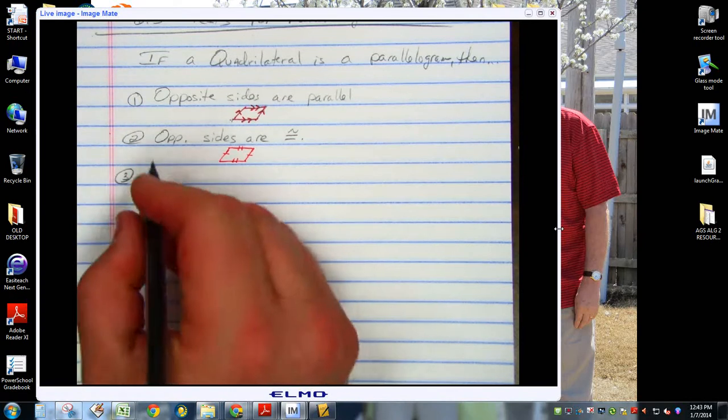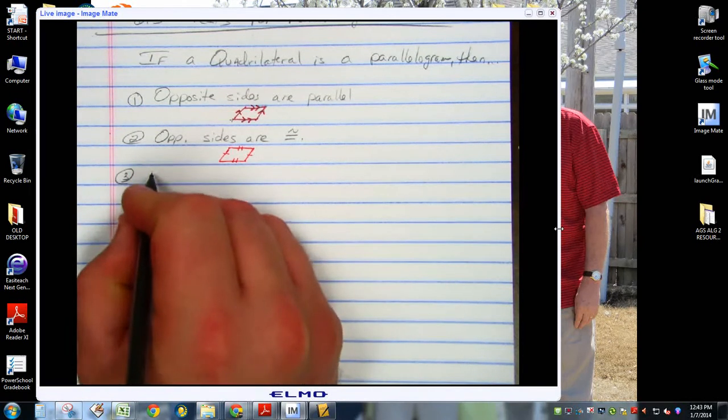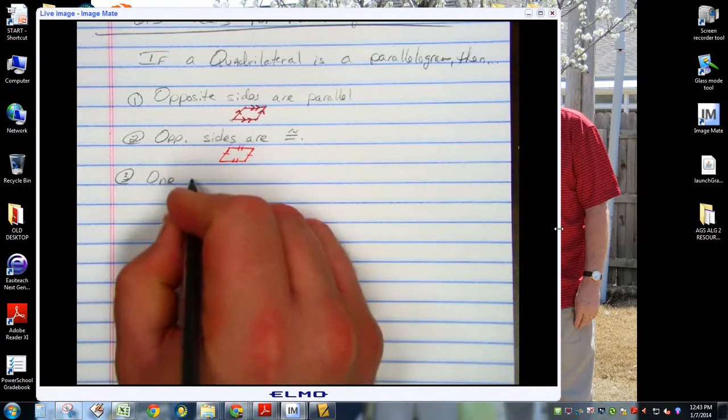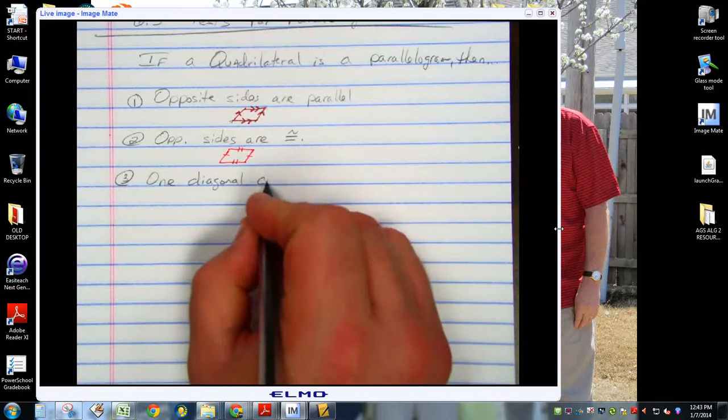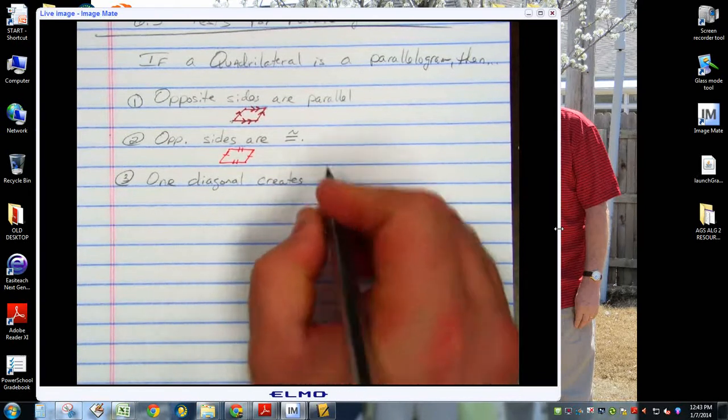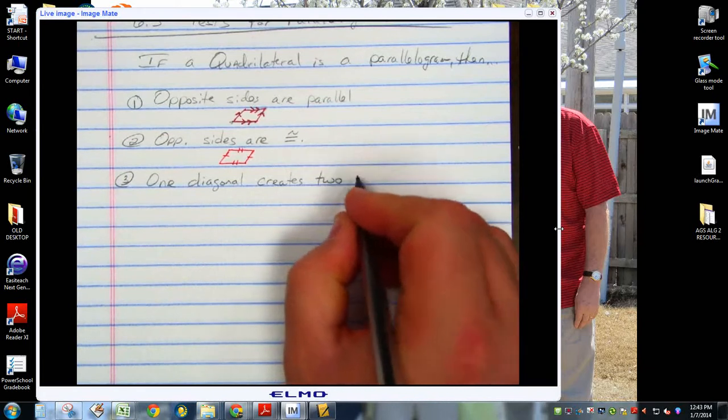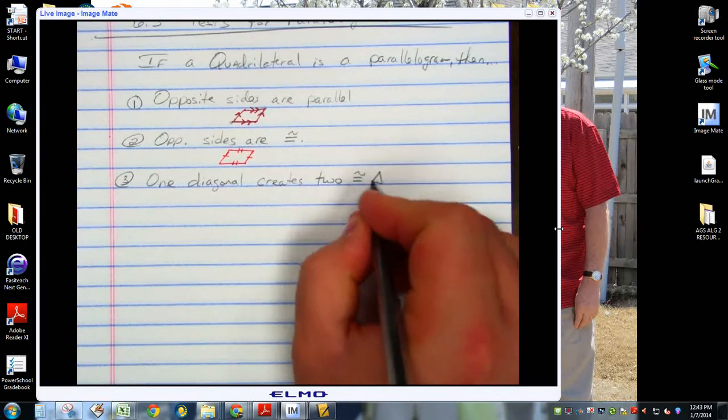Okay. One diagonal creates two congruent triangles.